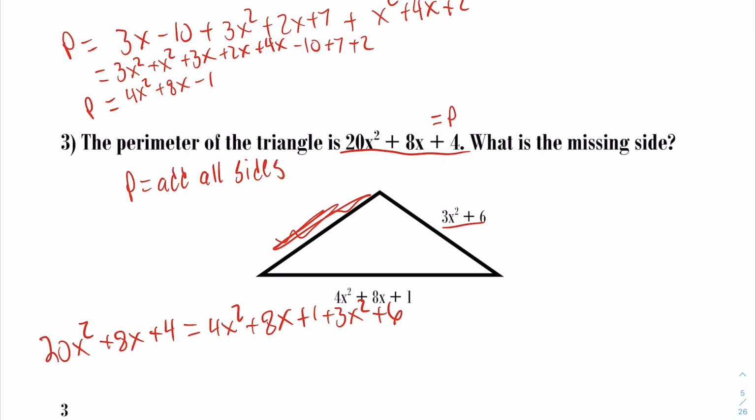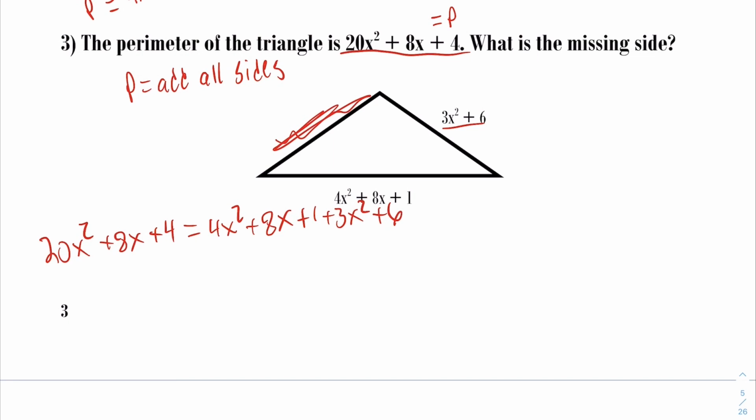Somehow this left side needs to be equal to this right side. Find out what's missing, what this length needs to be. If we add some third length, how much does that length need to be so that when you add everything together, you get the perimeter that they gave you? Good luck.